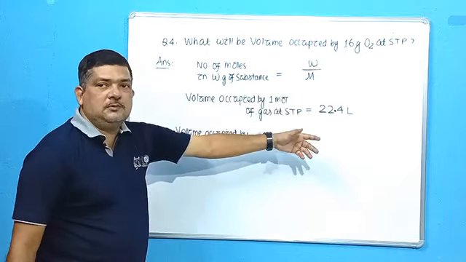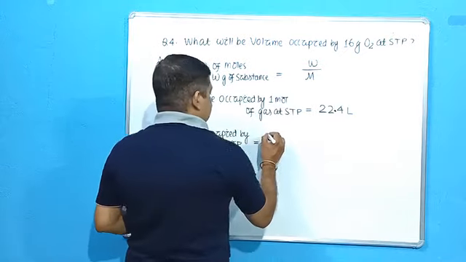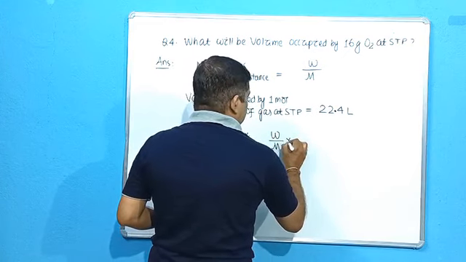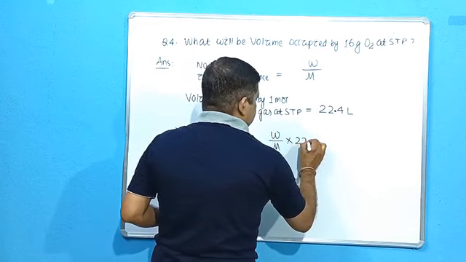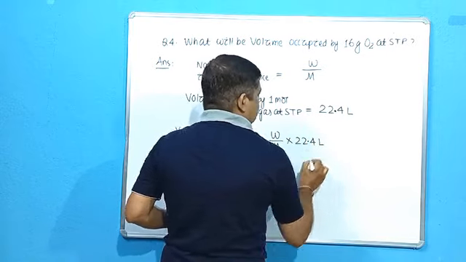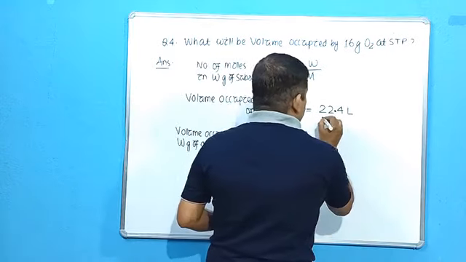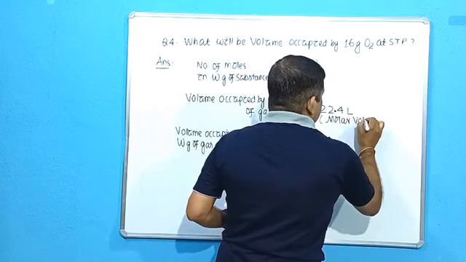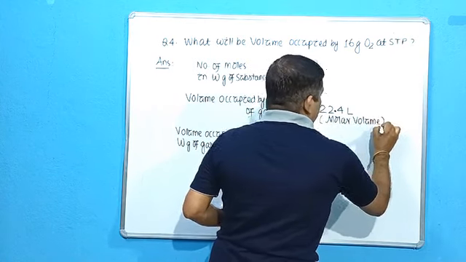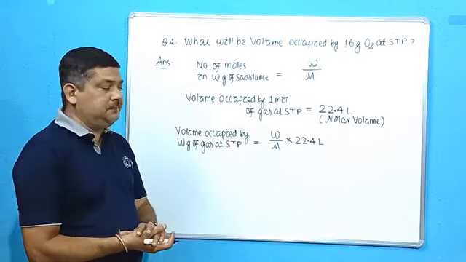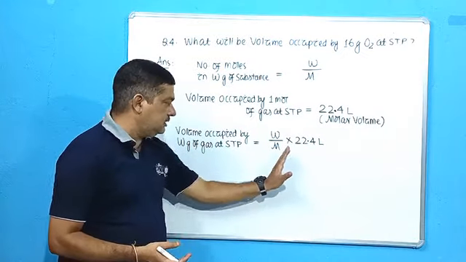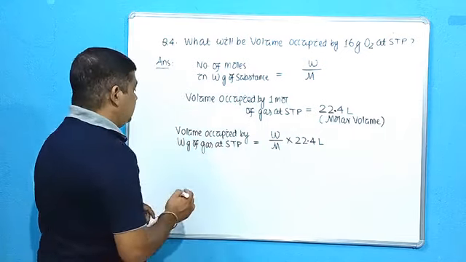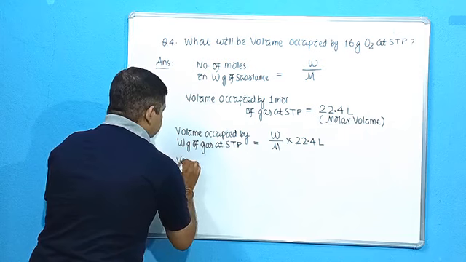Number of moles into volume occupied at STP: W by M into 22.4 liter. This is called molar volume. 22.4 liter is also known as molar volume, that means the volume occupied by 1 mole of gas at STP. So W by M into molar volume will be the formula. Apply here.